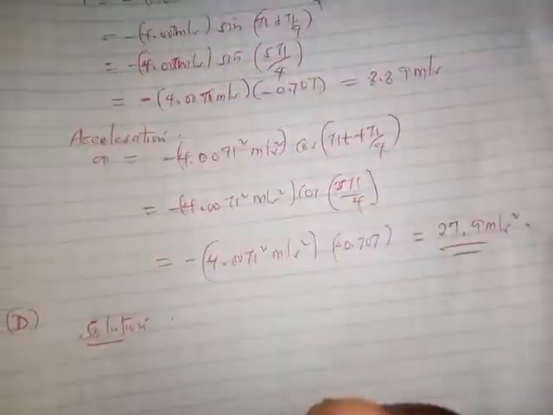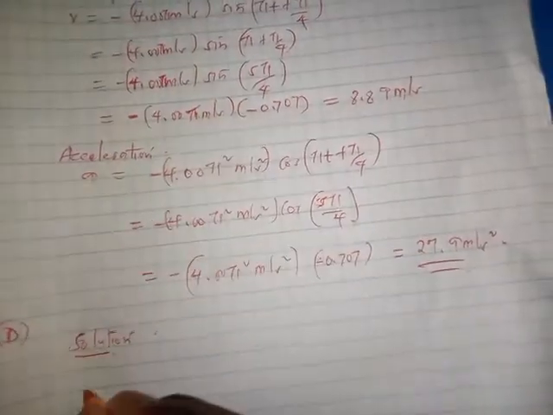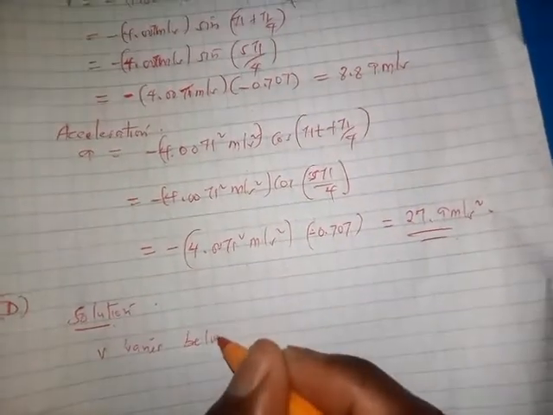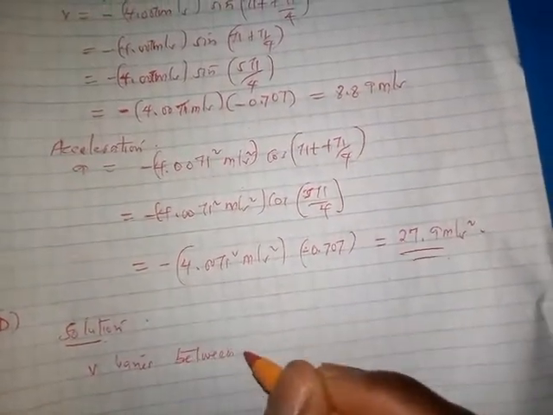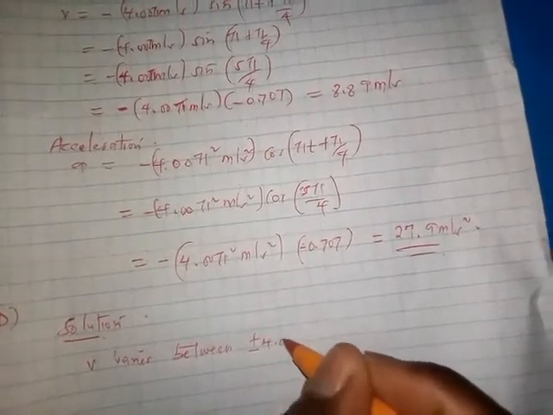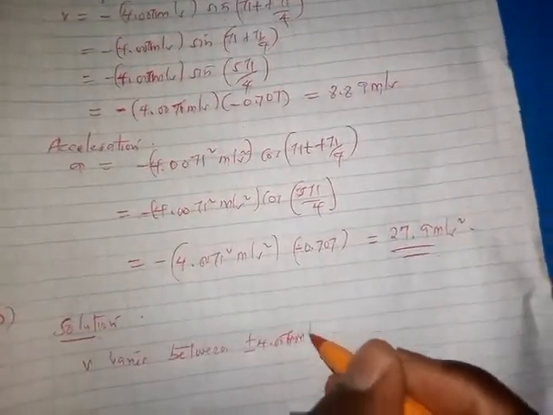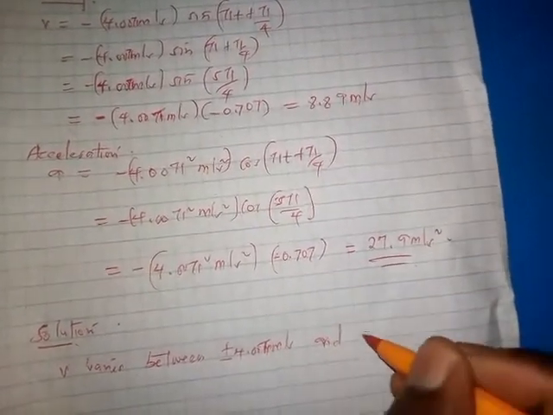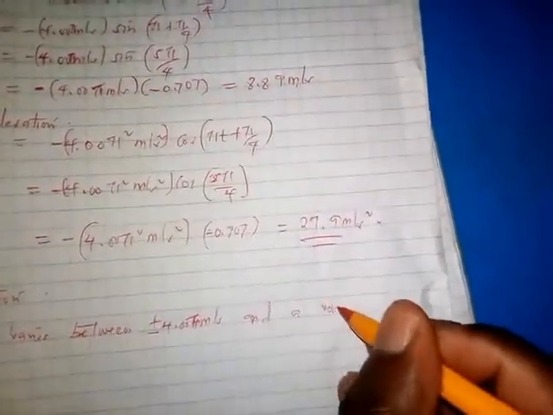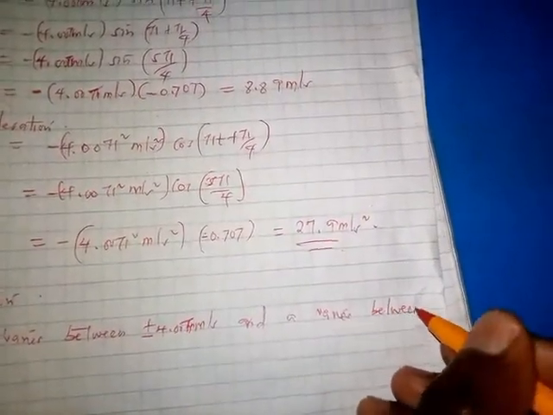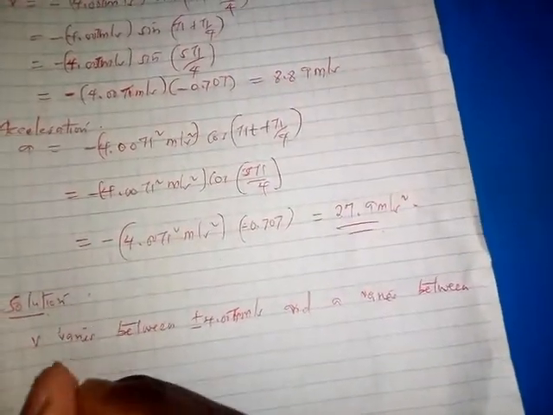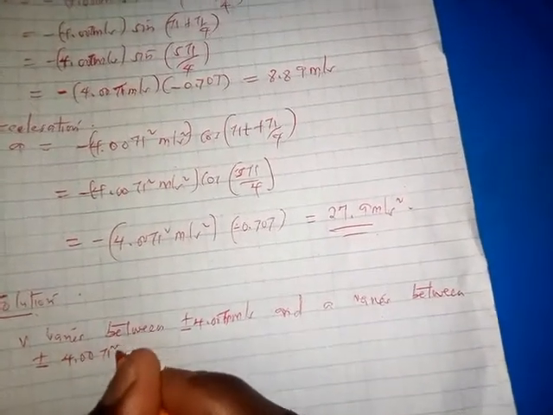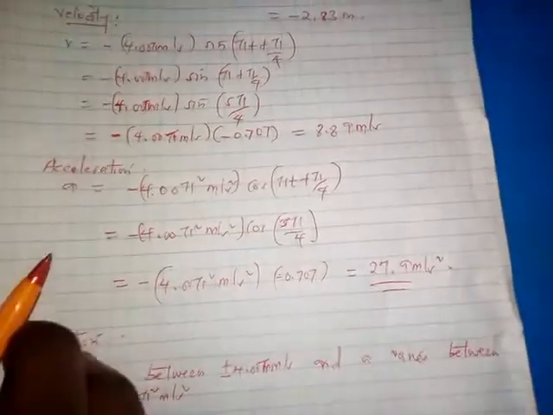Therefore, velocity varies between positive and negative 4.00 pi meters per second, and acceleration varies between plus or minus 4.00 pi squared meters per second squared.